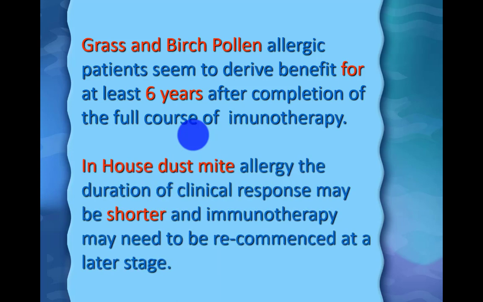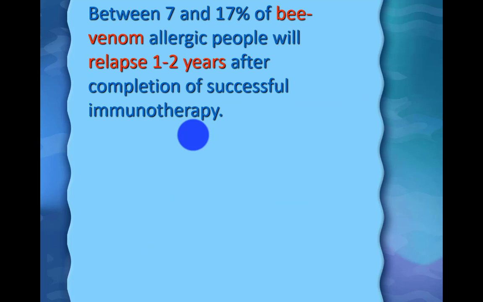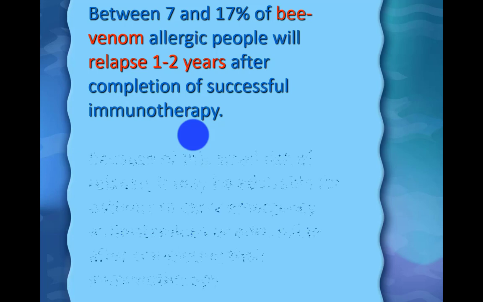In house dust mite allergy, the duration of clinical response may be shorter and immunotherapy may need to be recommenced at a later stage. Between 7 and 17% of allergic people will relapse 1 to 2 years after completion of successful immunotherapy.